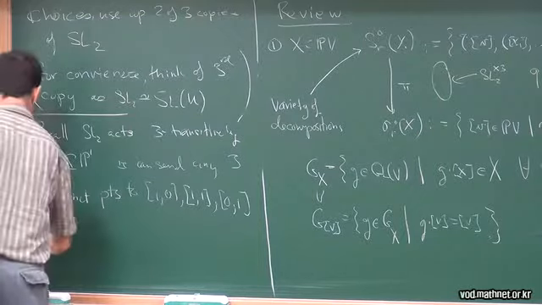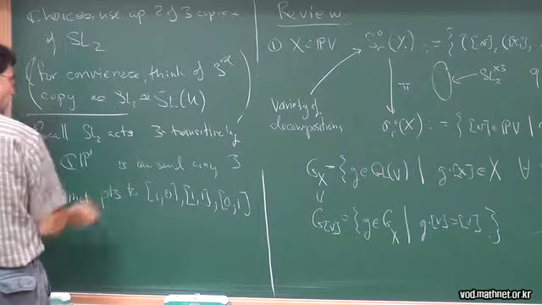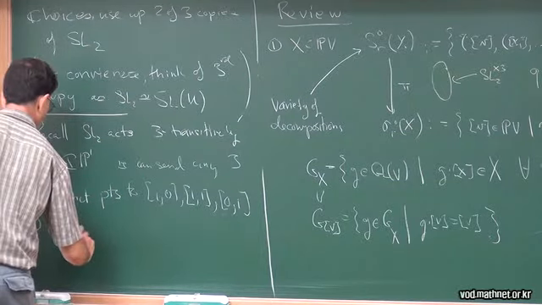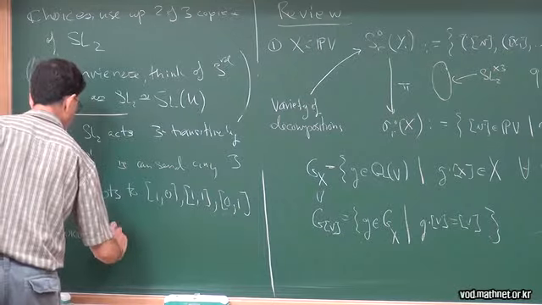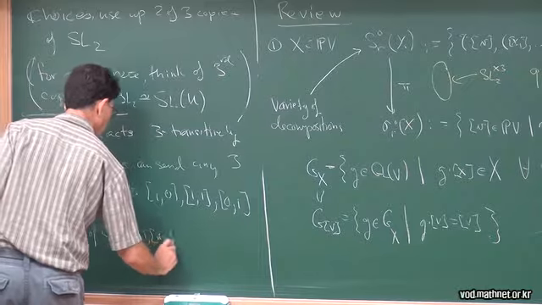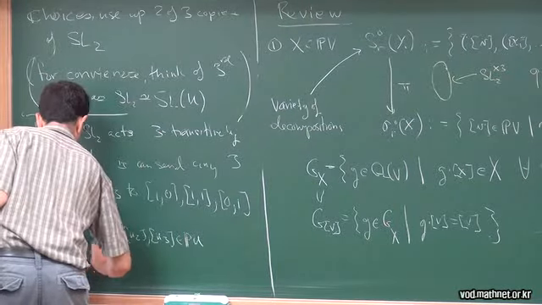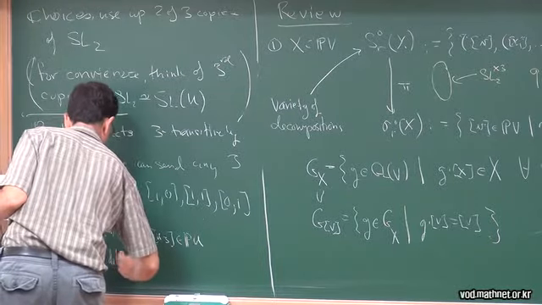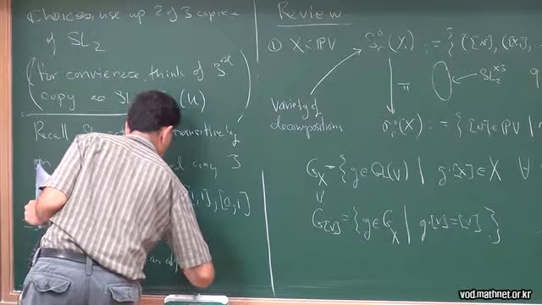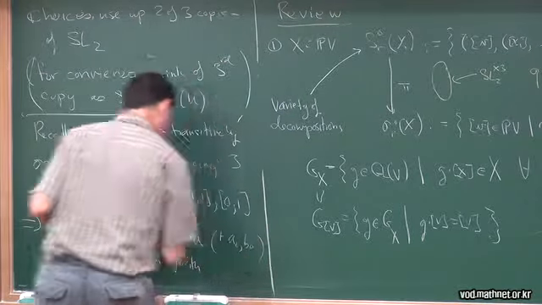And that completely uses up SL2. So a choice of U1, U2, and U3 in PU should give a unique algorithm, plus this choice of A0 and B0 that we already made.